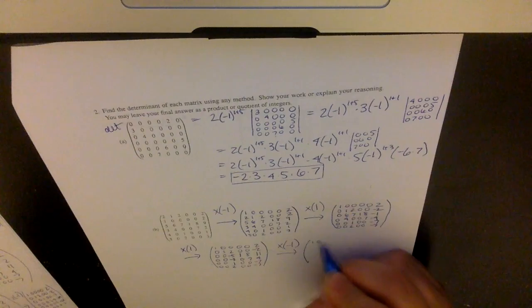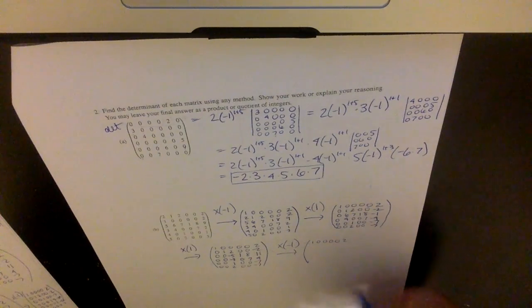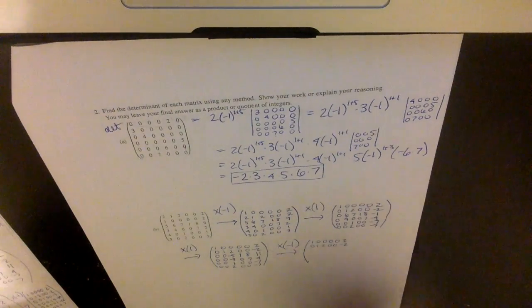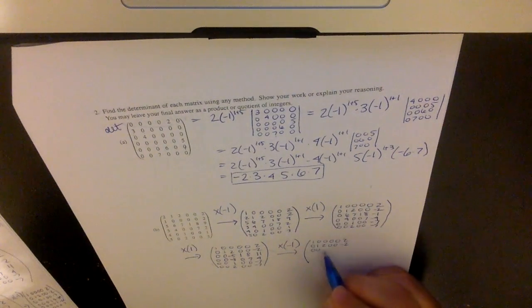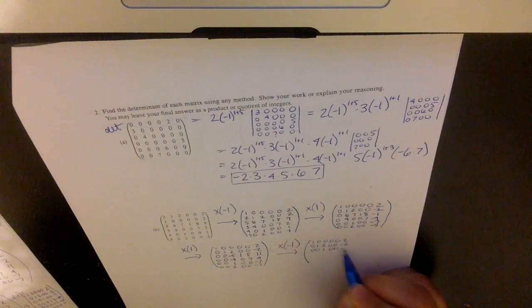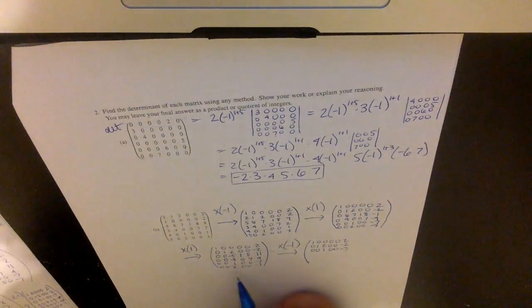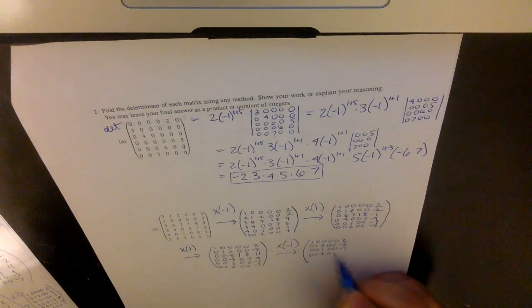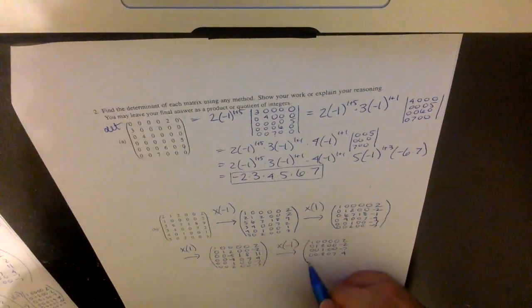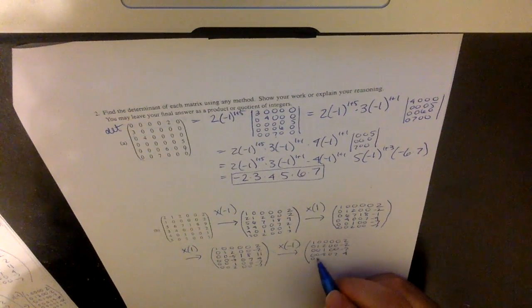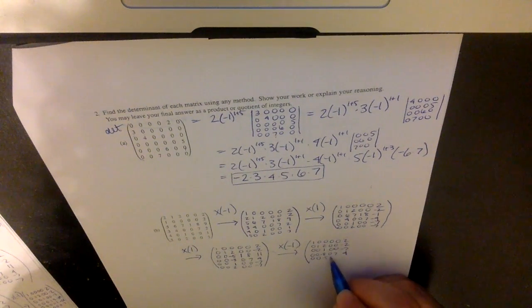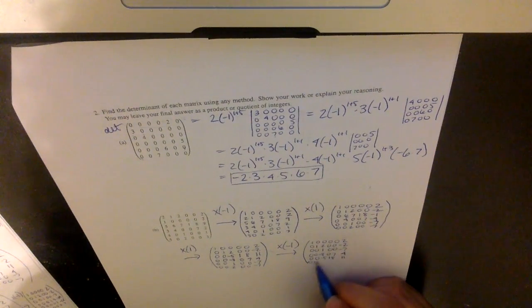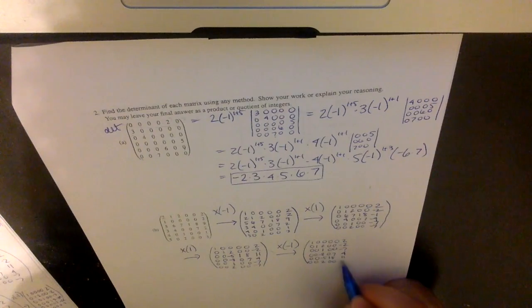So I get 1, 0, 0, 0, 0, 2, 0, 1, 2, 0, 0, negative 2, 0, 0, 1, 0, 0, negative 7, and then 0, 0, negative 8, 0, 7, 4, and then the fifth row, which is now the third row, 0, 0, negative 5, 1, 8, 11, and then finally 0, 0, 2, 0, 0, negative 7.